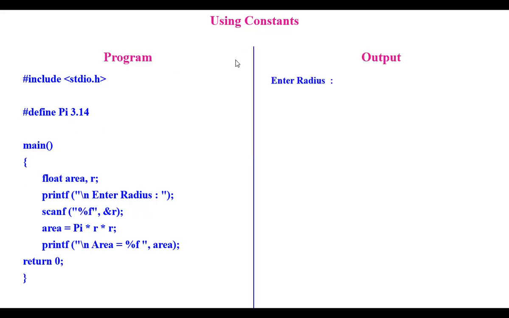Now, it is asking to enter the radius value. I have entered 5, right? And now it gives an output, calculating pi r square. It gives an output in the float form, decimal form. So like that, we'll be declaring the variables and using them in the program.